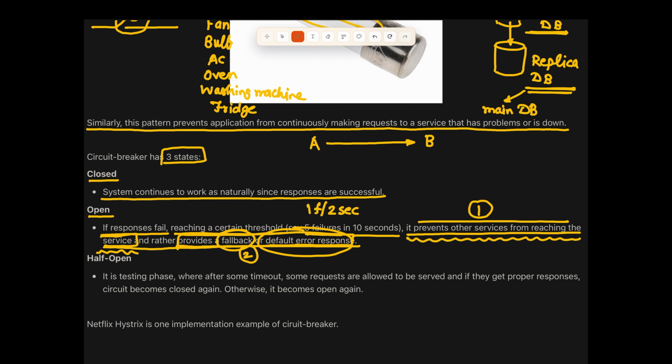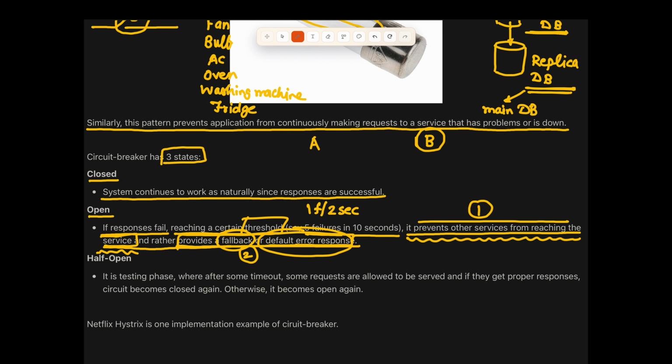Let's say A was sending some data to B and B was doing some processing and returning it back to A. Now let's say B went down, or at least it reached the threshold, let's say 5 failures in 10 seconds. So since our system was having the circuit breaker pattern, the communication between A and B is altogether broken. This is the crux of the first point.